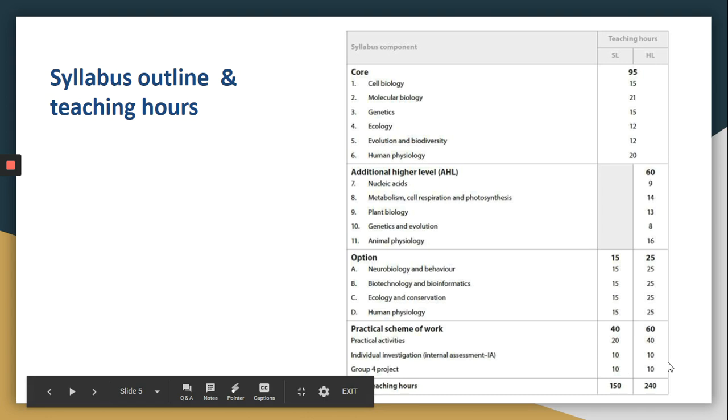This is 10 hours, similar for both SL and HL. The last one is the Group 4 project, which is also 10 hours. The total hours for HL is 240 and for SL 150.